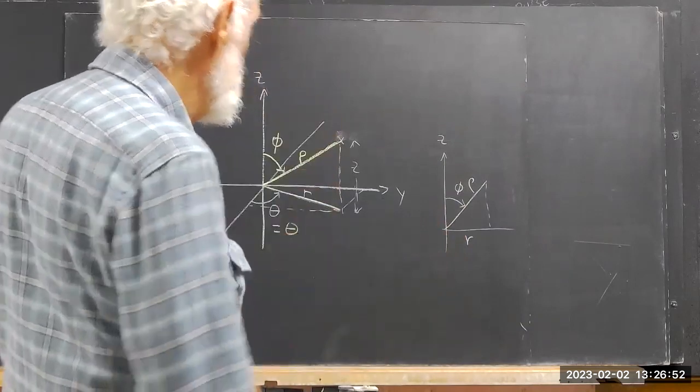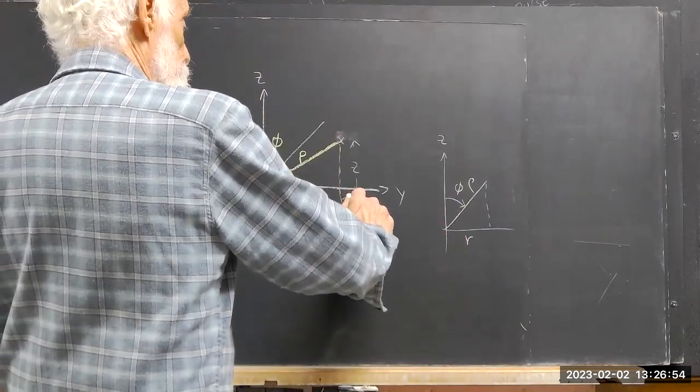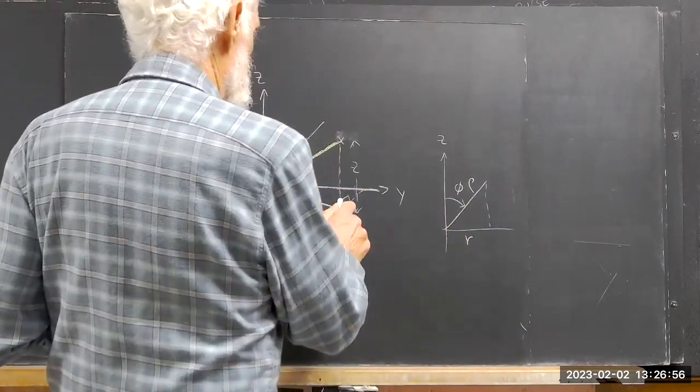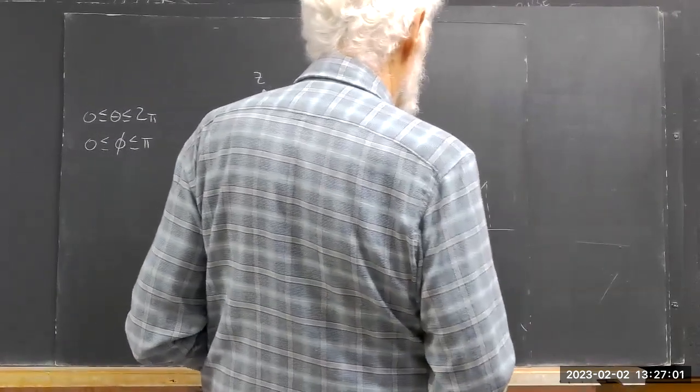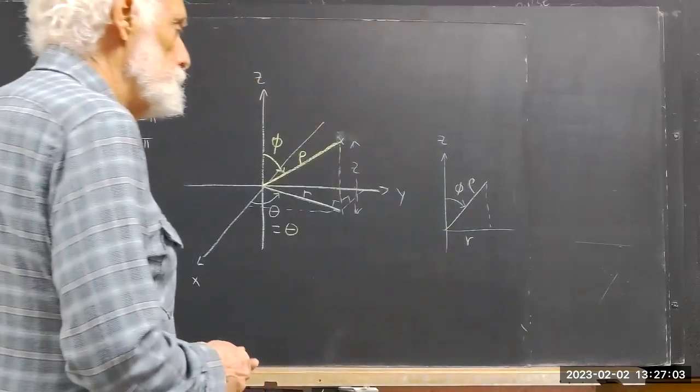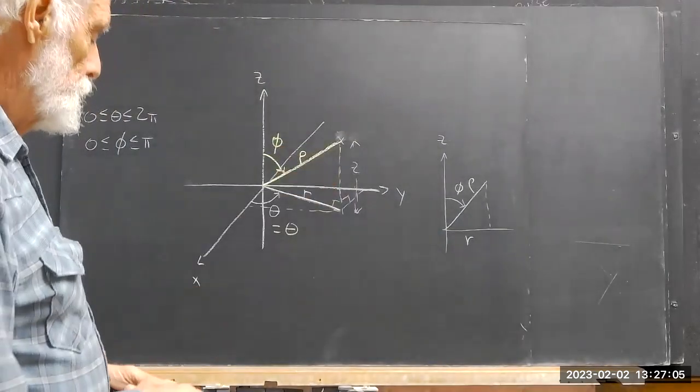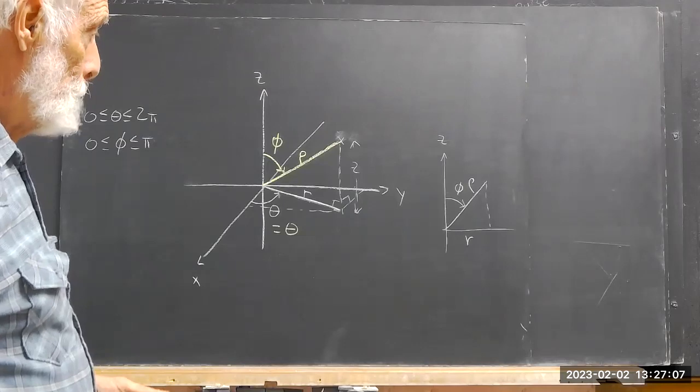And we're projecting down here implicitly at a right angle. Right angle there, right angle here, right angle to the plane. So where's z in this?